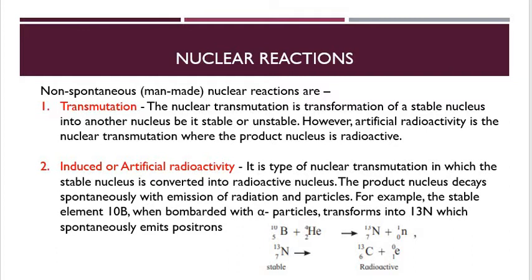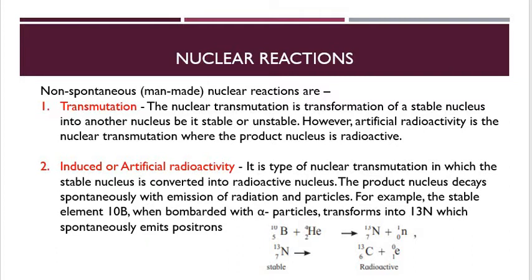The stable element like 5B10 is bombarded with alpha particle to give 7N13 and 1 neutron particle. Then the 7N13 will spontaneously produce 6C13 and 1 positron particle.